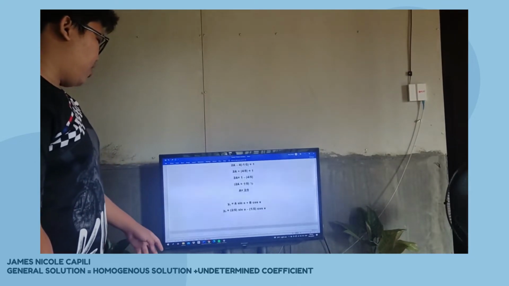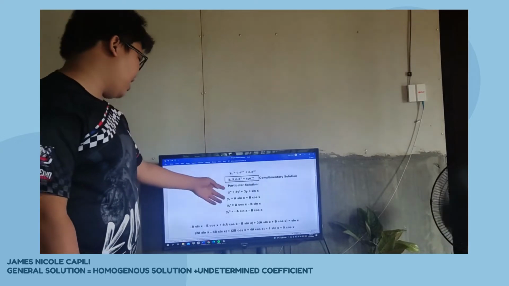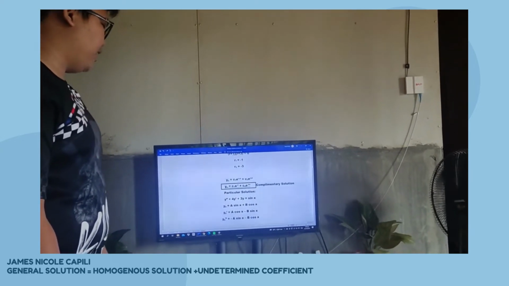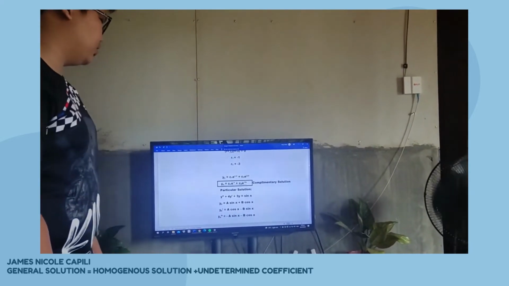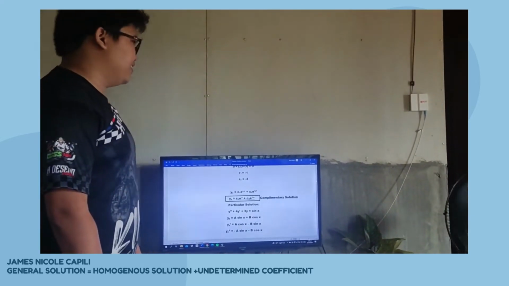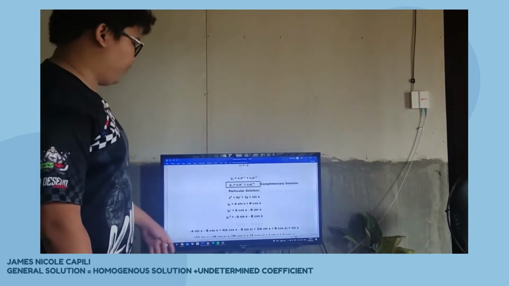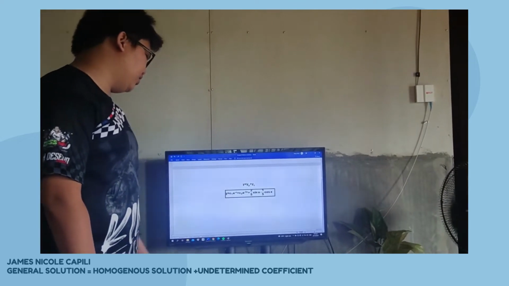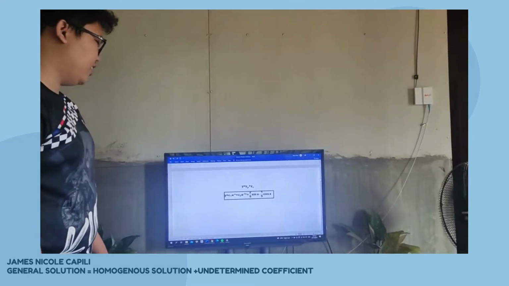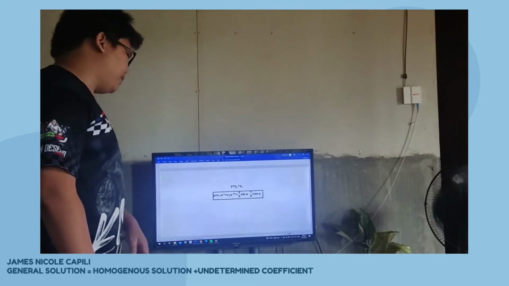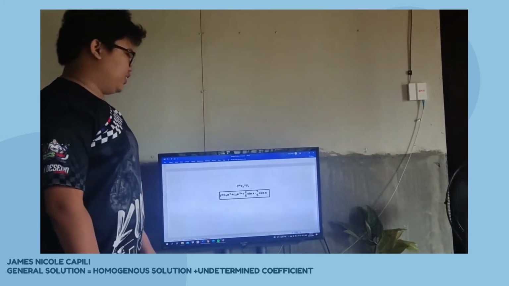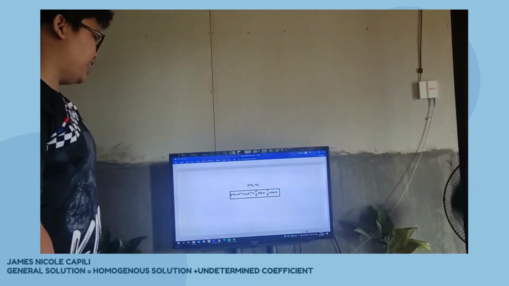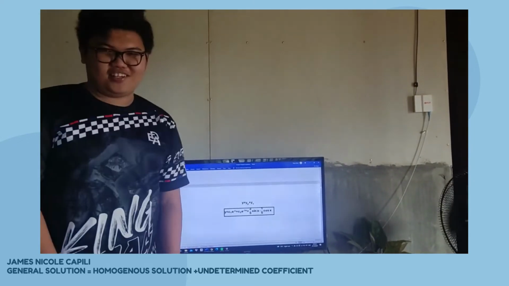So, our complementary solution is y is equal to c sub 1 e raised to the power of negative x plus c sub 2 e raised to the power of negative 3x. Then we should come up with our general solution. So y is equal to c sub 1 e raised to the power of negative x plus c sub 2 e raised to the power of negative 3x plus 2 over 5 sin x minus 1 over 5 cos x.